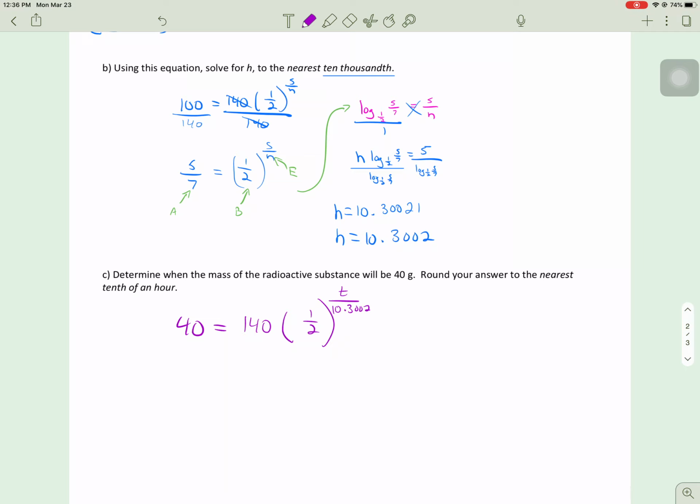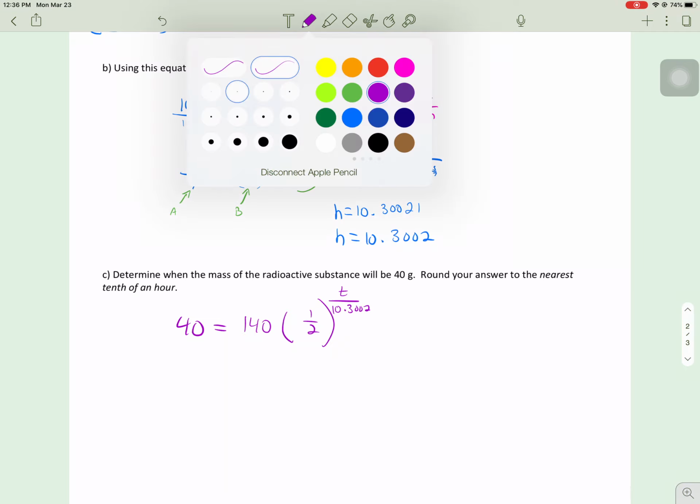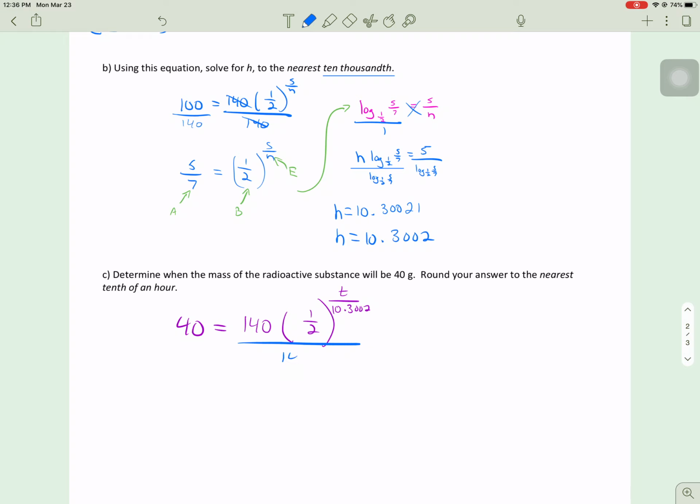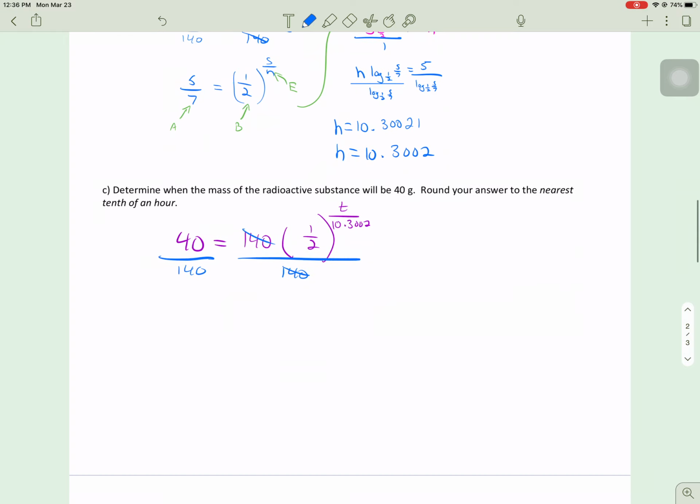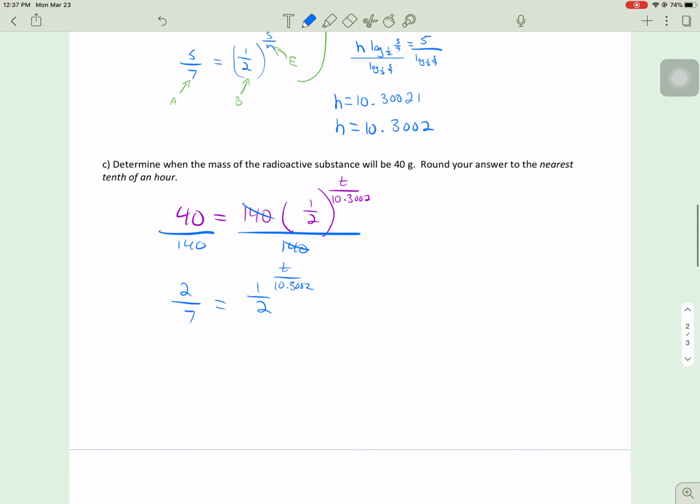Okay, so variable in the exponent, isolate. What does that simplify to? Everything divides through there. You could divide by 20. You get 2/7 equals 1/2 to the t over 10.3002. I'm just going to move this a little because it's kind of crowded.